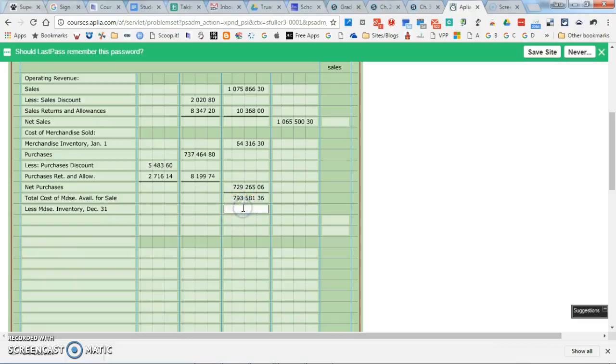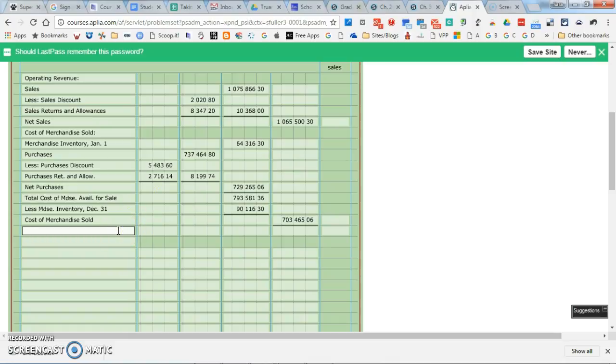And then we'll go in our third column, $90,116.30. Then next is our cost of merchandise sold. And so we'll take 793 minus the 90, in our fourth column, so $703,465.06.